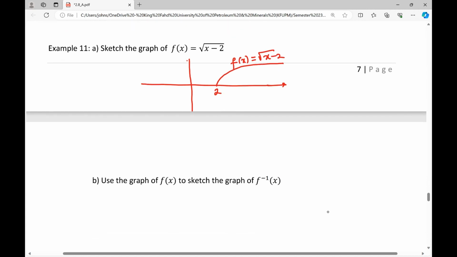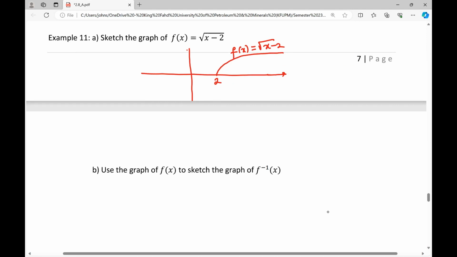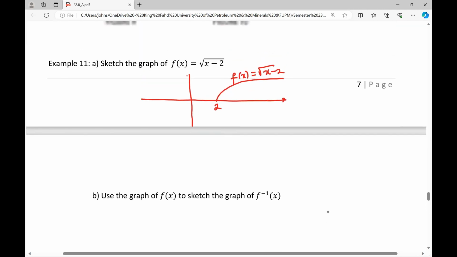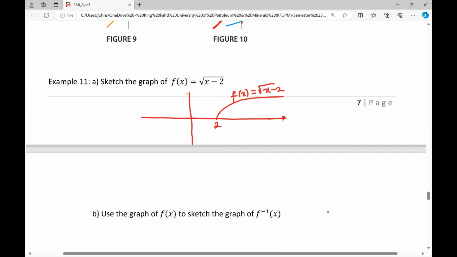So we want to use this graph to sketch, the part B says use the graph of f of x to sketch the graph of what? F inverse. To sketch the graph of f inverse, we're going to do it two ways.